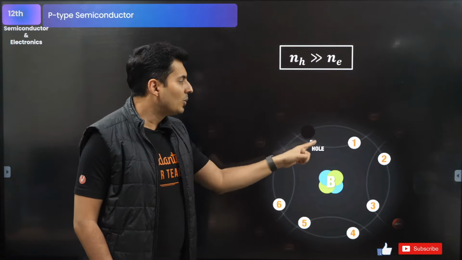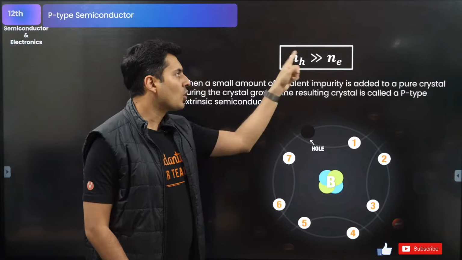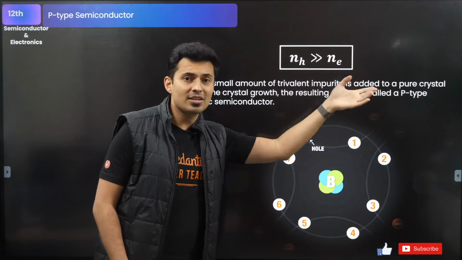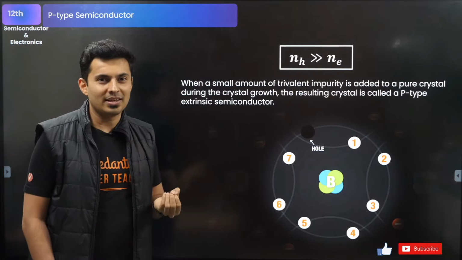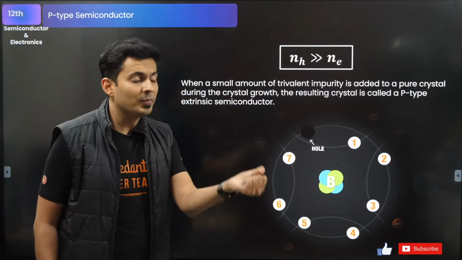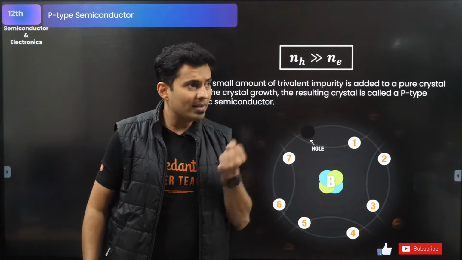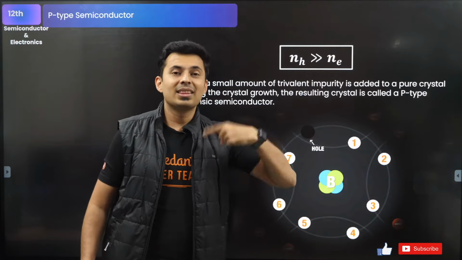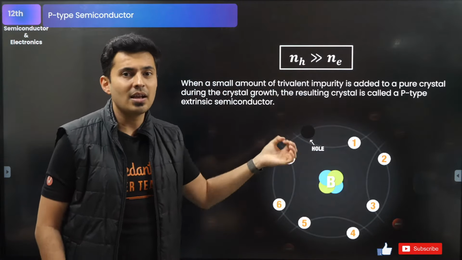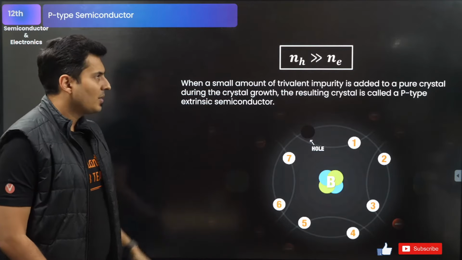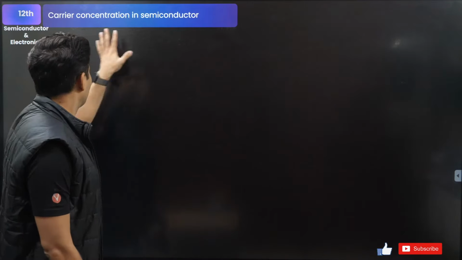So that's why you will see a hole created. So the hole concentration is much larger than the number of electrons present there. So the hole is in need of those electrons which are roaming around. So it always tries to acquire those electrons and thus increases the conductivity of the semiconductor. So that's p-type semiconductor for all of you.